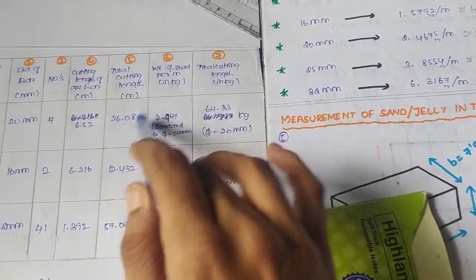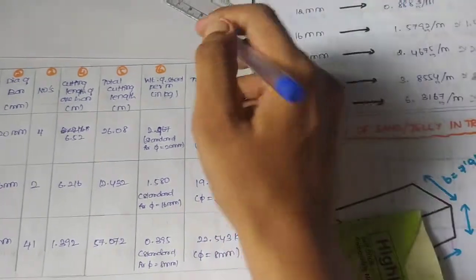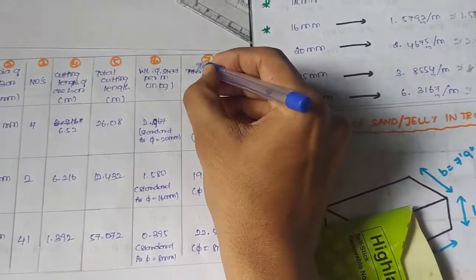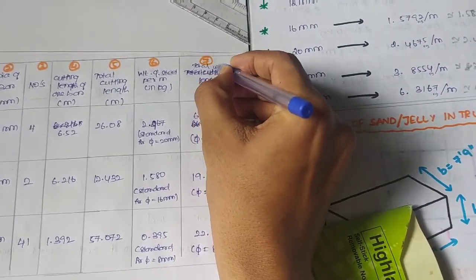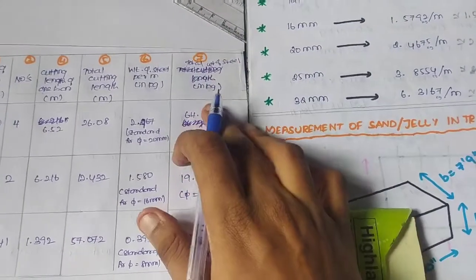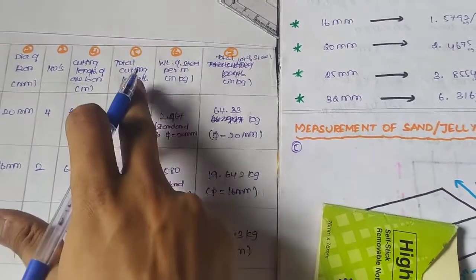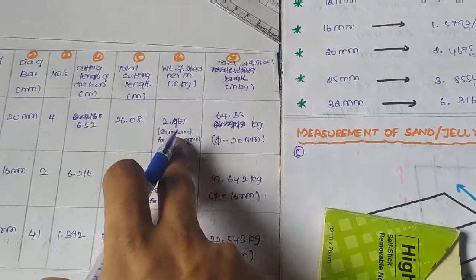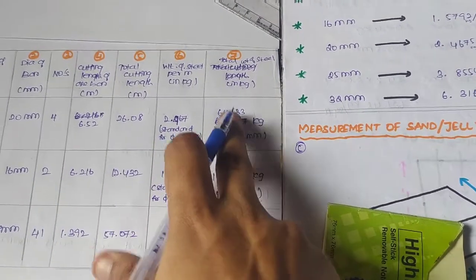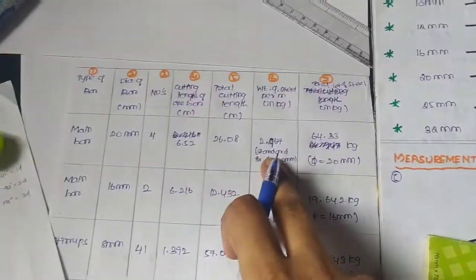So we have to multiply both these things to get the total weight of steel in kg. To get it, we multiply total cutting length and the weight of steel per meter. If we multiply 26.08 meter with 2.467, we will get around 64.33 kg for the 20 mm dia bar.